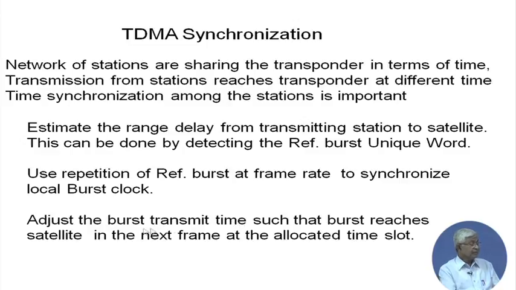Now, to adjust the burst transmit time, this burst must reach the satellite in the next frame at the allotted time slot. So, first you have to detect where the reference burst is, and based on that you have to transmit, and you should know the range. But the exact reception of your burst or the reference burst may not be the same as the allotted burst time.